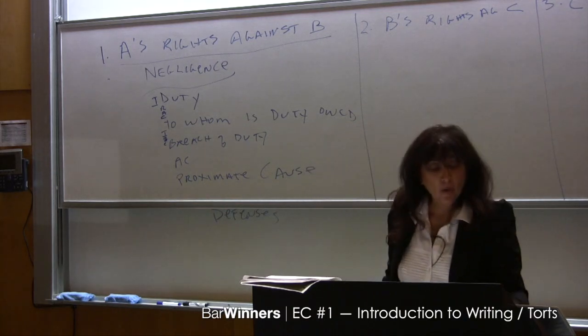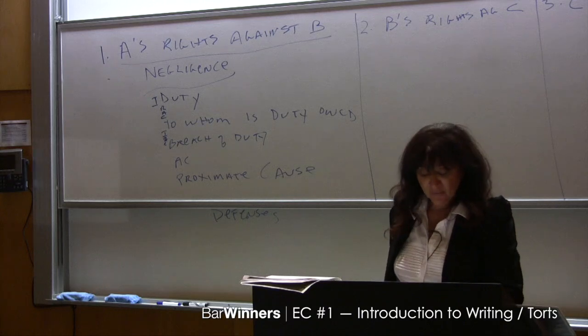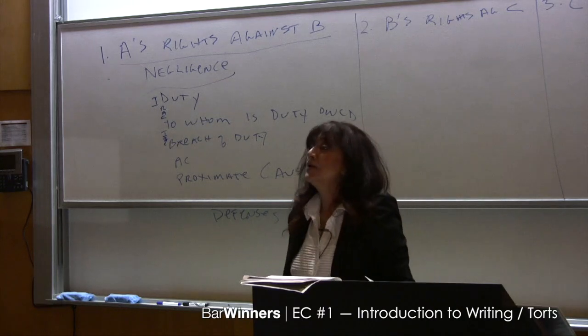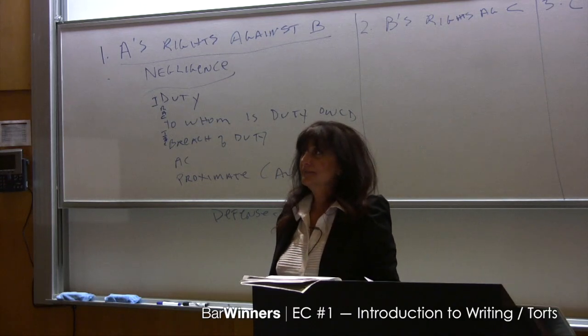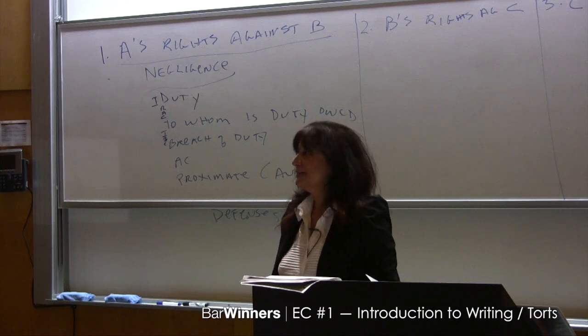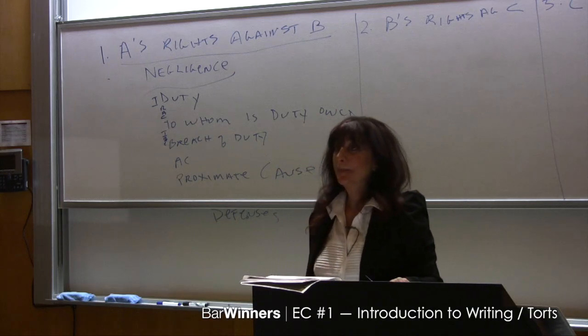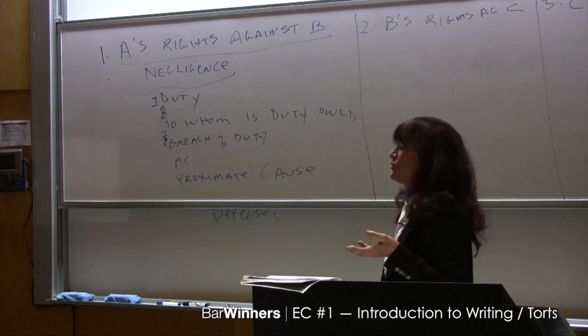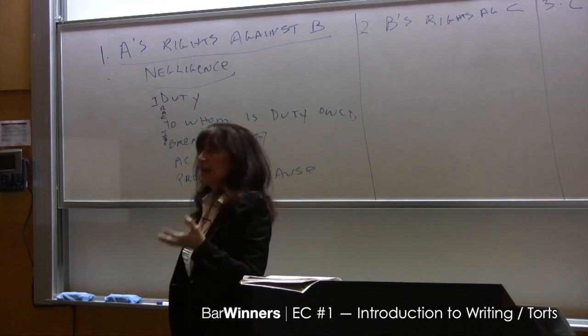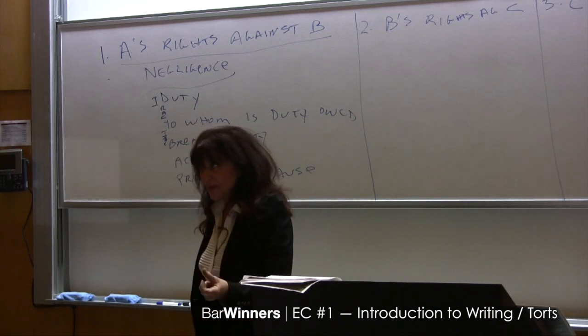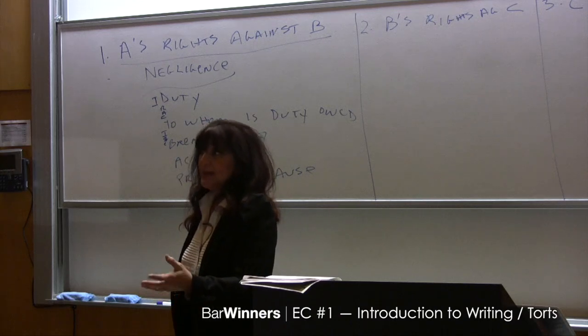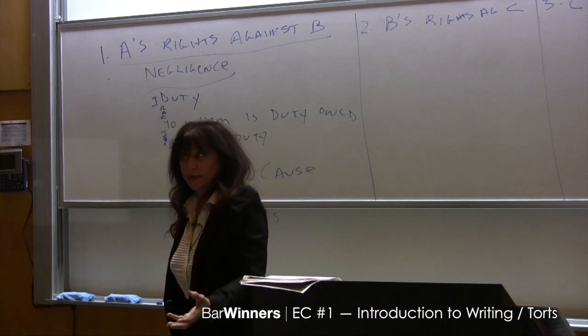Why does the BarWinners approach book have libel versus slander under damages? Why? Anybody know why? The answer is exactly what you said. The damage amount is the only thing that's affected as to whether it's libel or slander.